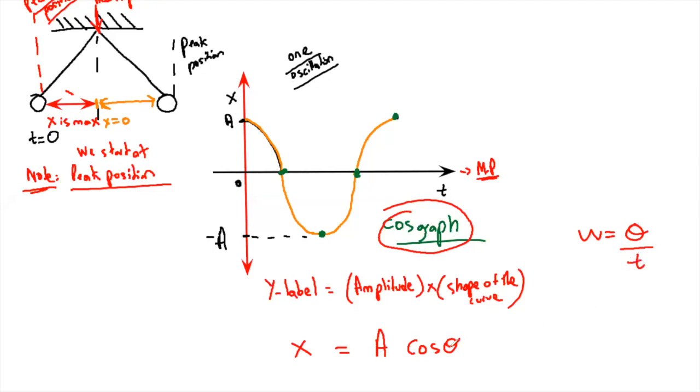Now, do you see this theta right here? So can I say that theta is omega t? I'm gonna simply replace this over here. So x is gonna be a cos omega t. And this is the formula for my displacement time graph.